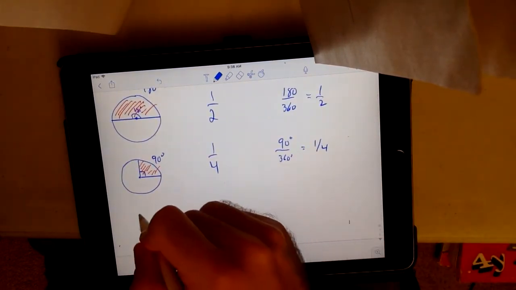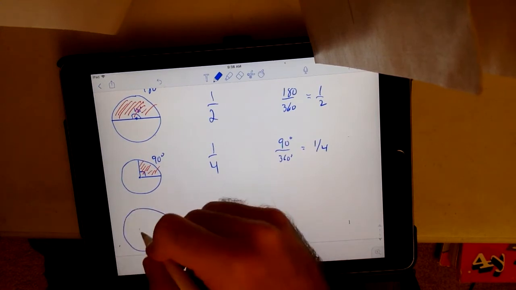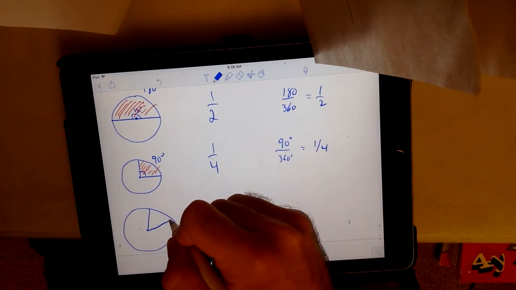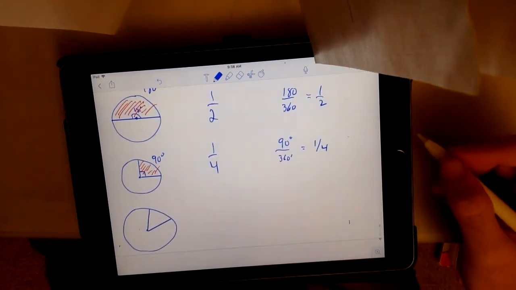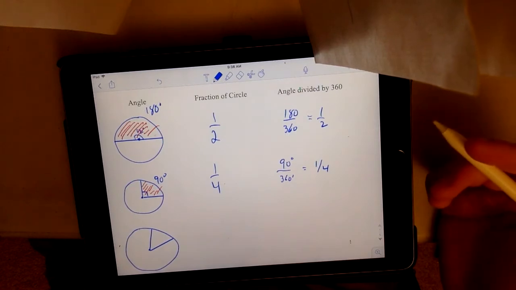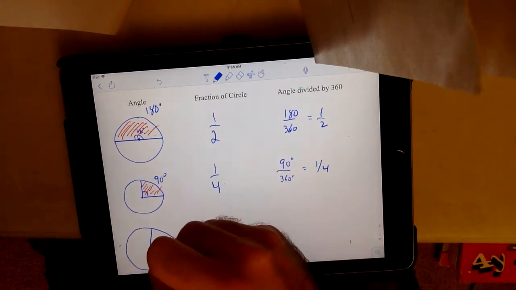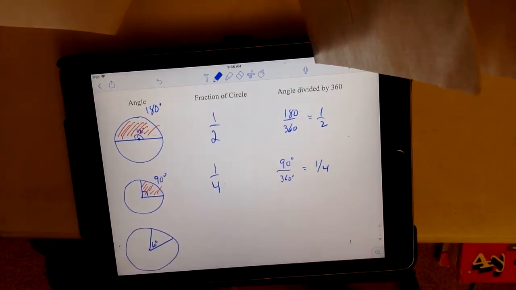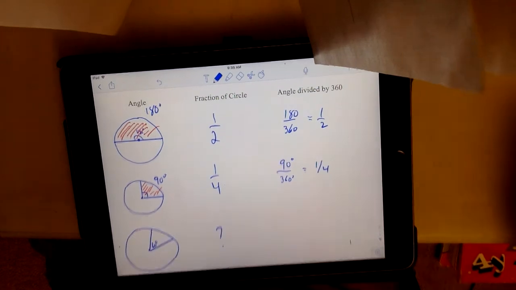So we'll do one or two more. Here's the idea. I'm going to draw a pizza slice, a sector, that looks like that. At the moment, it's hard for you to tell me what fraction of the circle that is just by eyeballing it. So then I tell you, okay, this is an angle of 60 degrees. It's still hard to tell just by looking, so we put question mark.